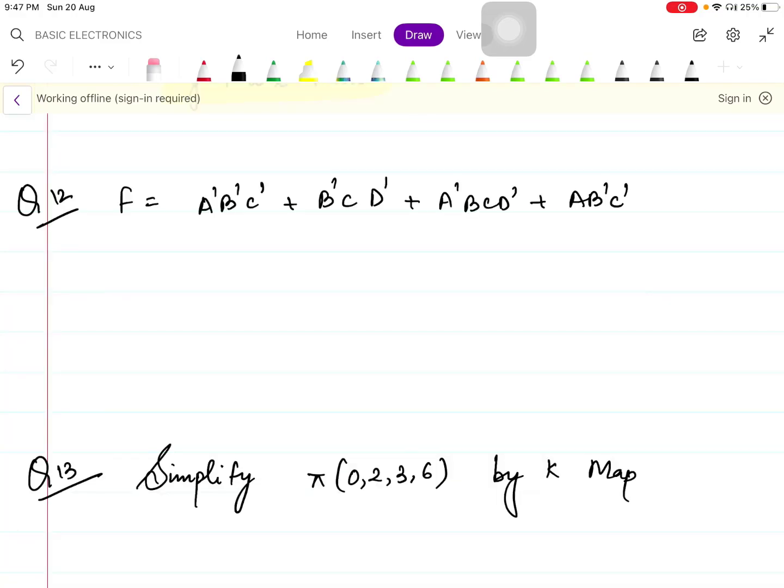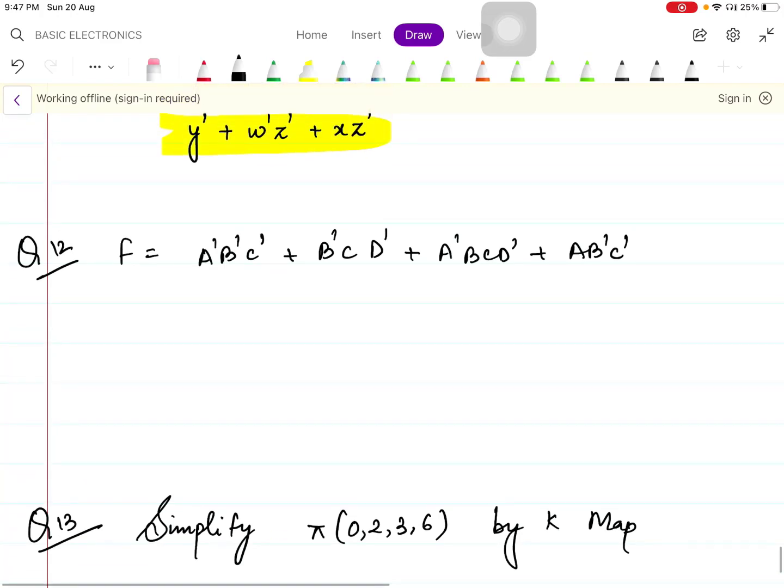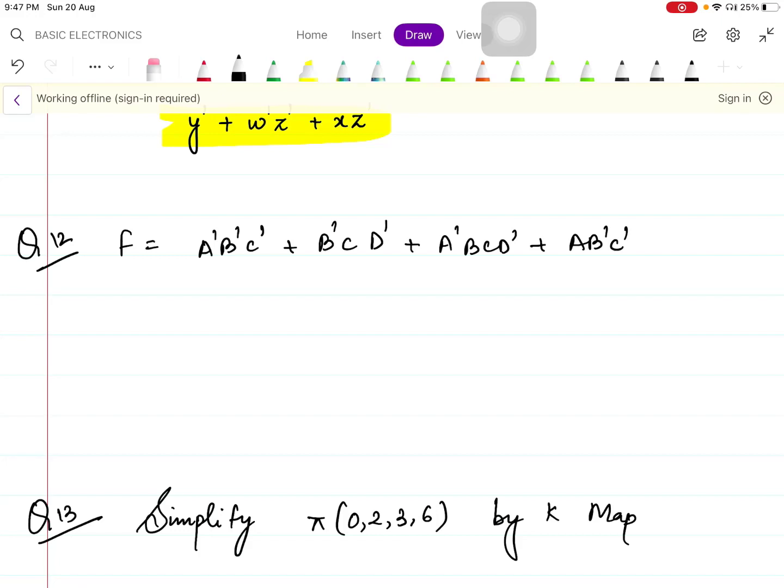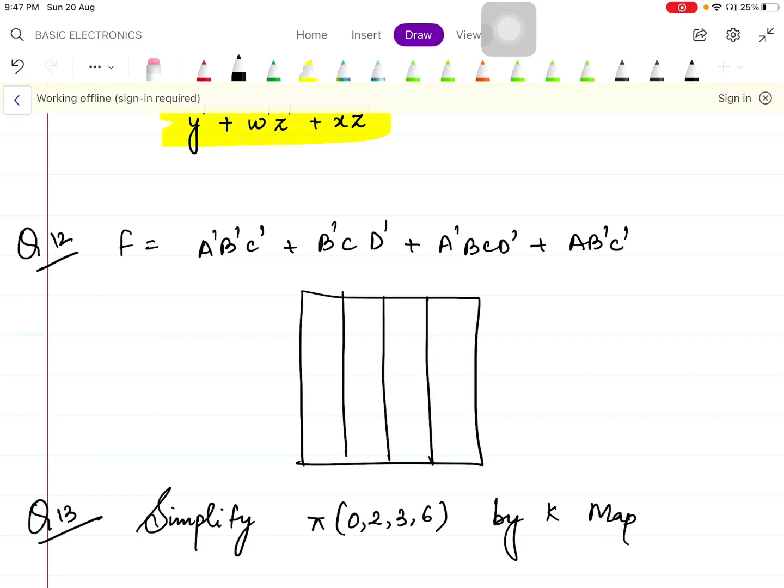Now another question, as you can see, this question is not in the form of direct minterms. In fact, this question is in the form of an expression and you have to solve it by the use of K-maps. So as you can see, there are four variables in the expression. So we will draw a four variable K-map. We have also solved such type of questions in 2 and 3 variable K-map.